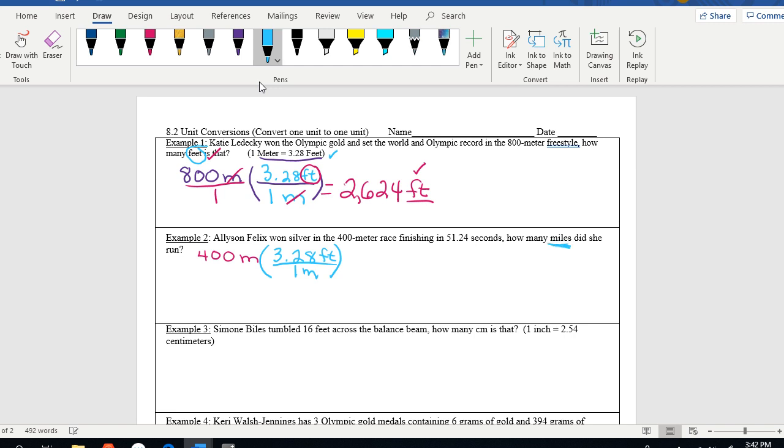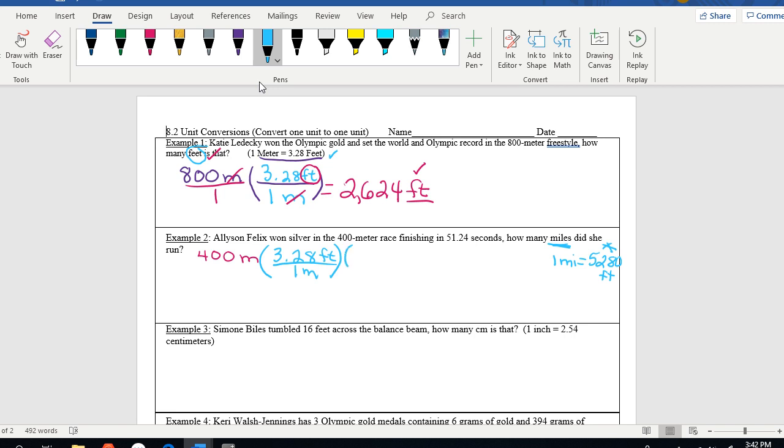It's how many miles that is. So I'm going to look back on the chart from yesterday, and I know that 1 mile, mi for mile, is equal to 5,280 feet. I have to know this, and that's something I can get from yesterday's notes.